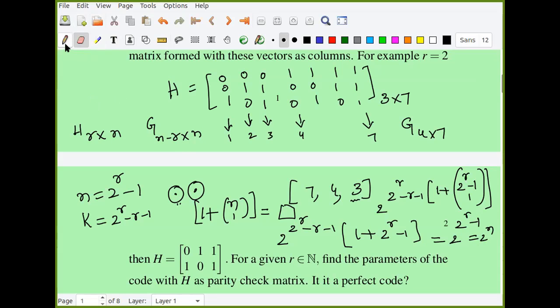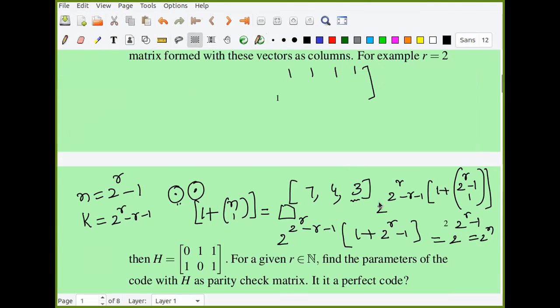This can be extended to not only binary, in general you can extend it to any code also. This is called the Hamming code. These are the best parameters for the distance.